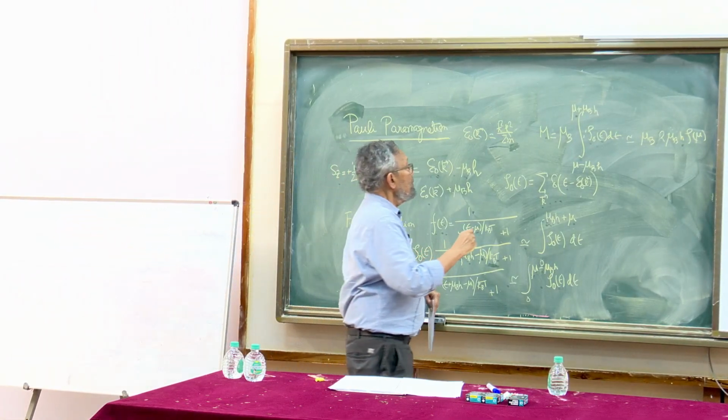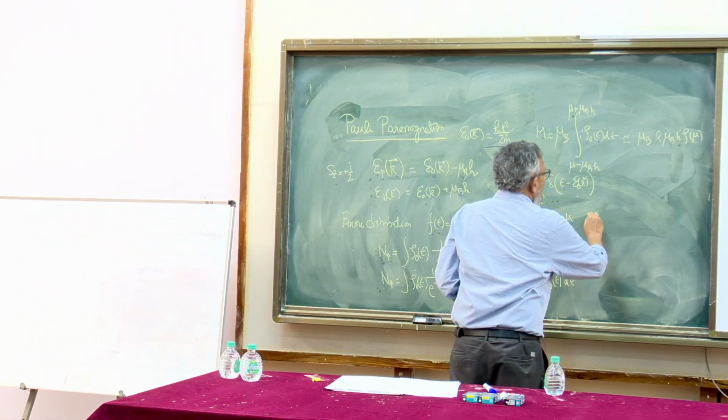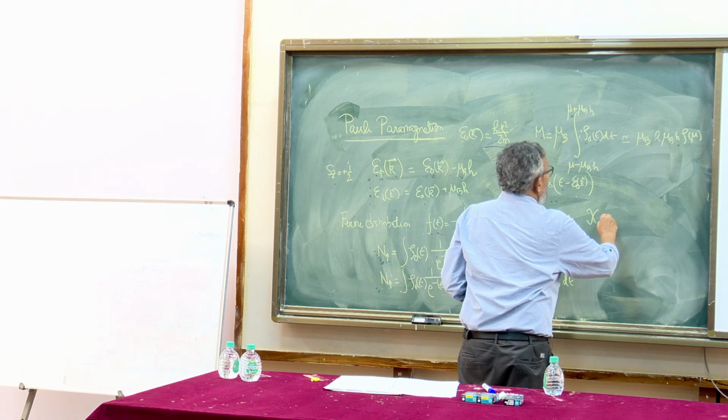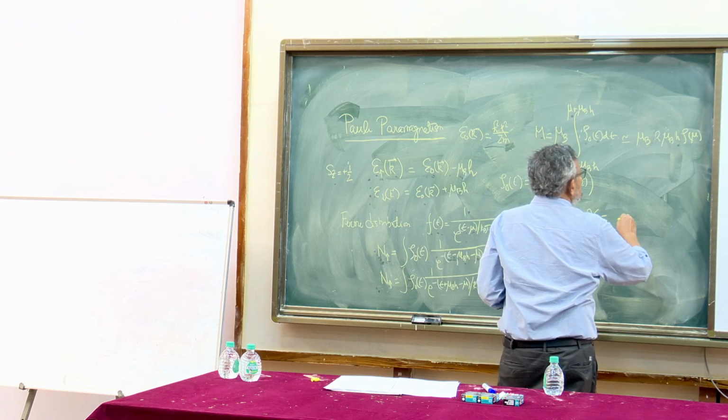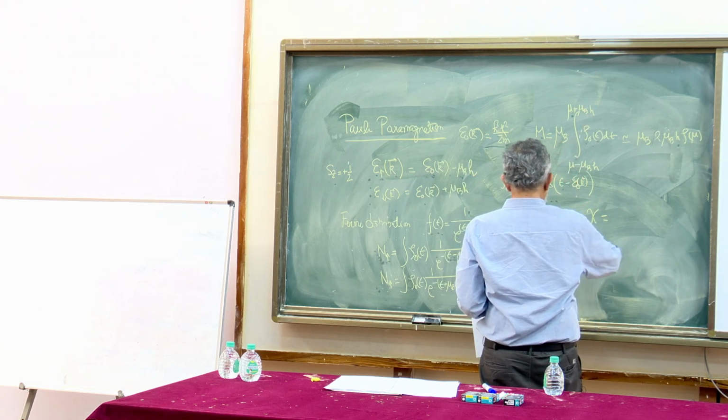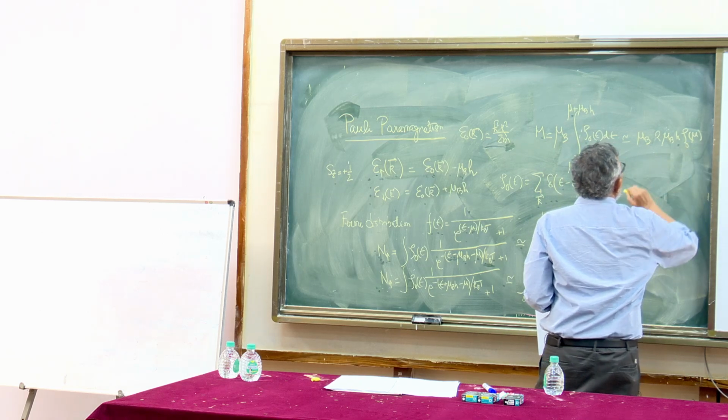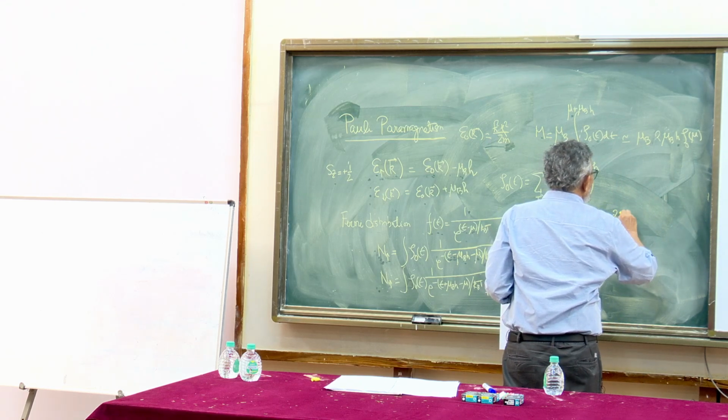So the susceptibility is mu_B squared times rho 0.